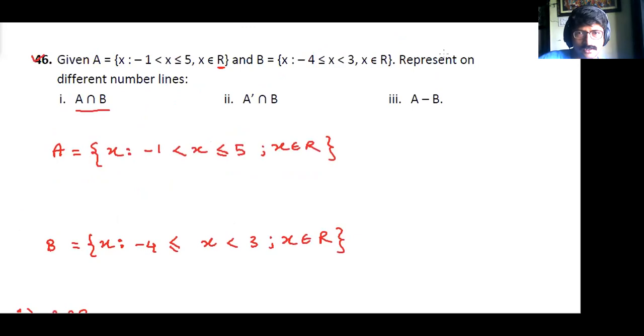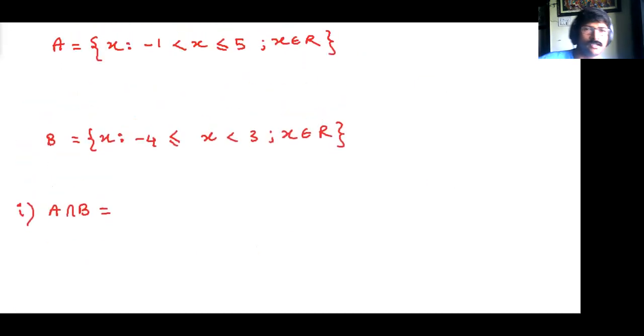So actually, यहाँ पर मैंने बोला है, first of all find these and then represent it on the different number lines. Okay, so what is A intersection B in this case, guys? Look at this. The lowest number is -4 and the highest number is 5. So what is the common part? If you can't make out what the common part is, then you can draw the number lines also.